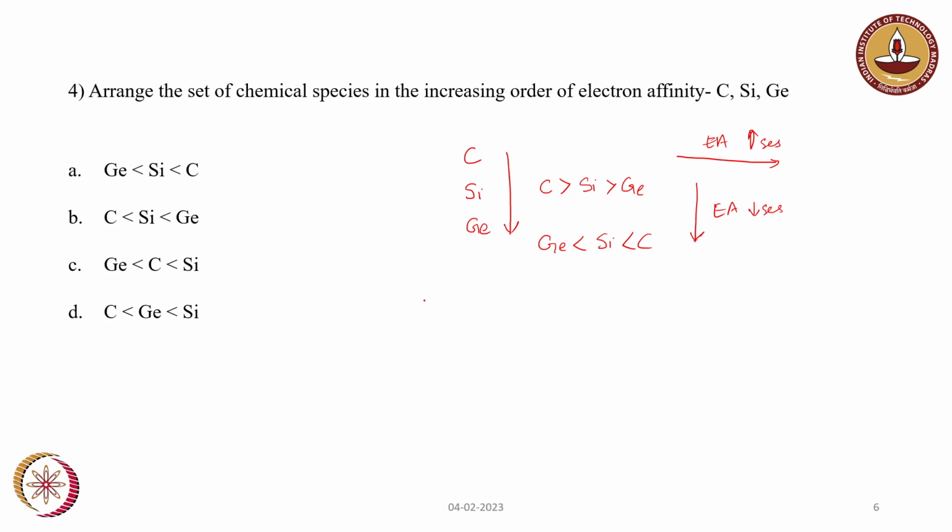So electron affinity is directly proportional to 1 by size. If we have larger size, electron affinity will be low. So carbon is the smallest, so carbon will have the highest affinity. Carbon having higher, then silicon, then germanium. So the answer is A.